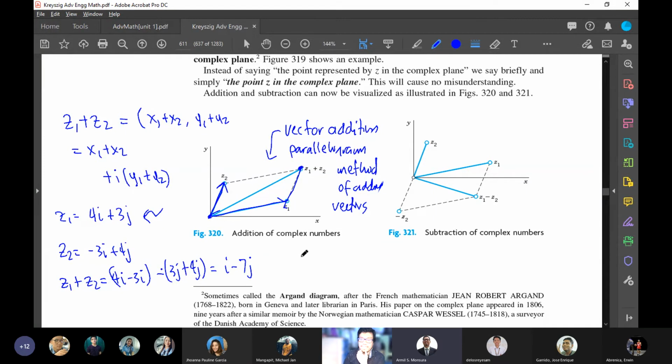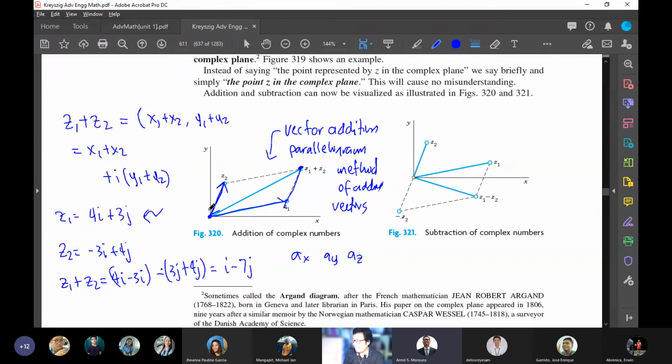O teka, baka hindi IJK ang gamit nyo, baka AX, AY, AZ. Ano yung notation nyo? IJK. Ayan.